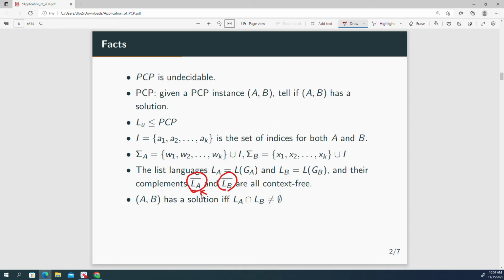That can be done using a pushdown automaton, and we know pushdown automata are equivalent to context-free grammars. Therefore LA bar is context free. Typically, the complement of a context-free language may or may not be context free. For example, if G is context free, G bar may or may not be context free.